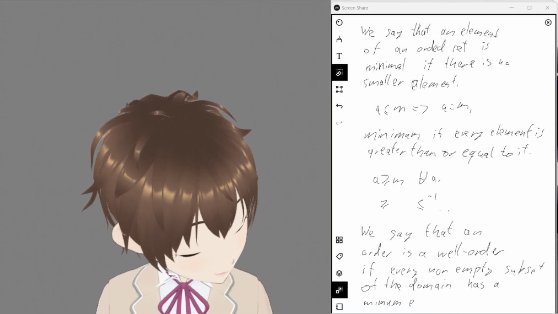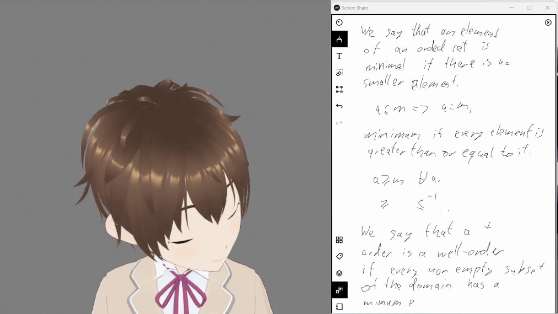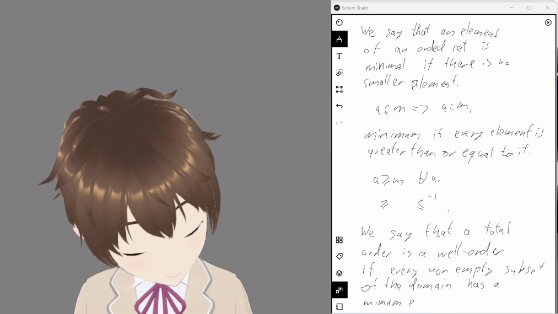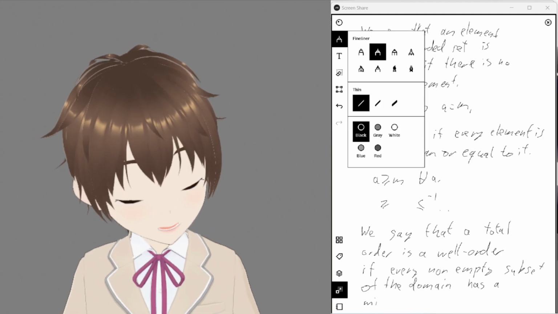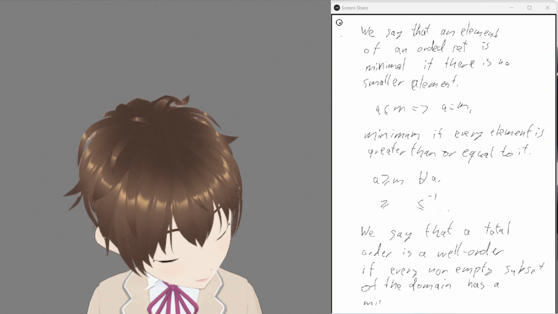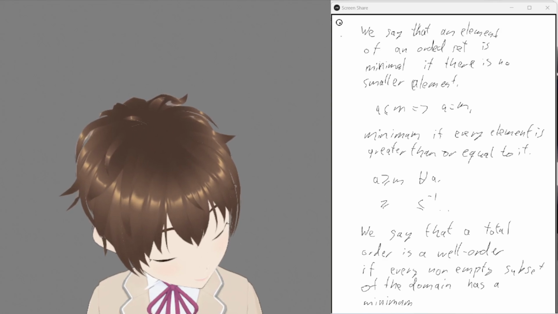So I guess I should say that a total order has a minimum element, which in the context of a total order is the same as having a minimal element, but minimum element.